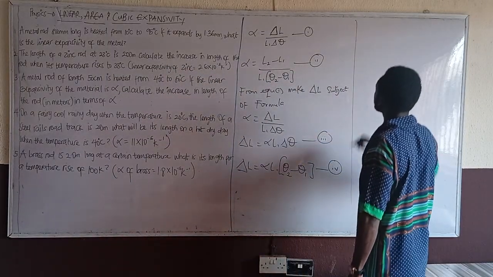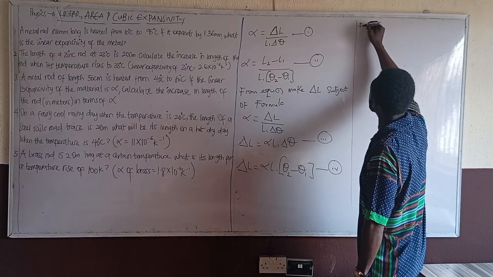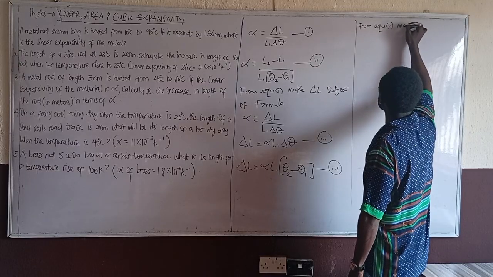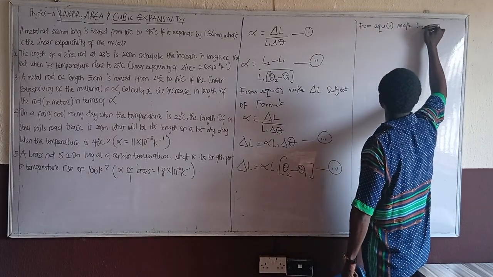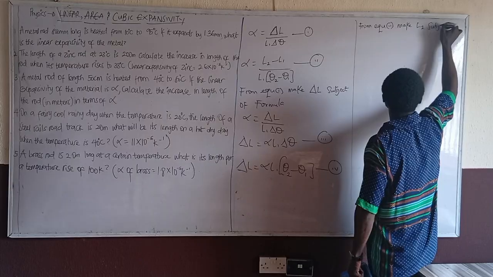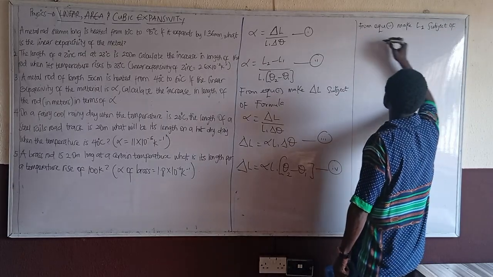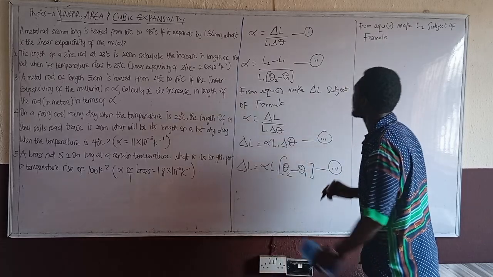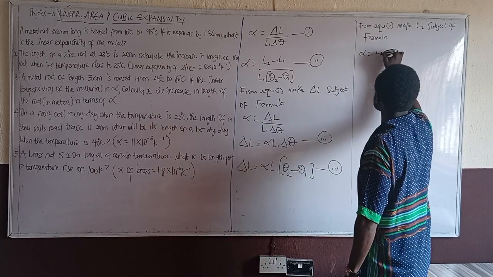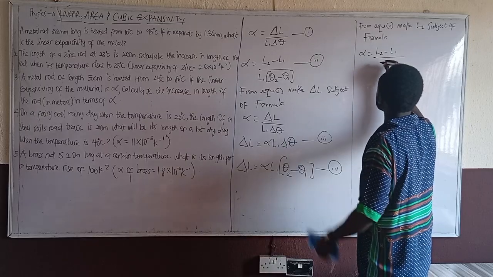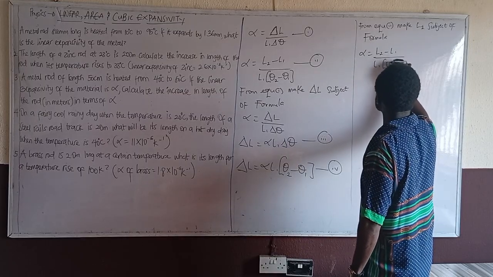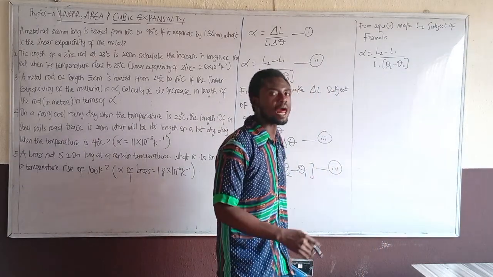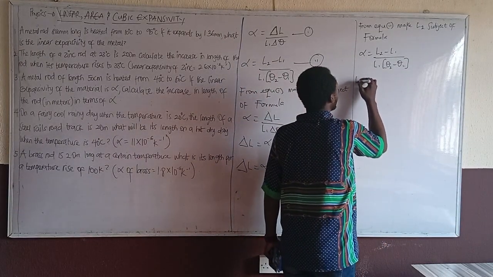Now, we move further again. From equation 2, make L2 subject of formula. So if I make L2 the subject of formula, I have alpha equals L2 minus L1 over L1, and I have theta 2 minus theta 1. Then from here, if I'm making L2 the subject, it becomes what?